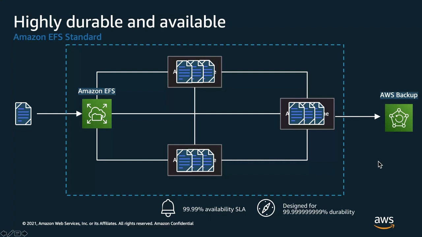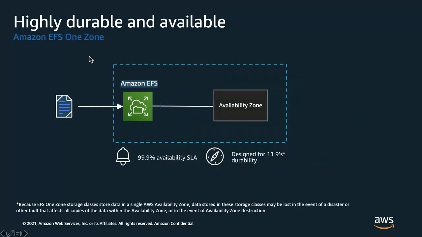Many of our customers have also shared with us that storing Elastic File System in 3 availability zones is overkill for some of their use cases. So for that reason, a few months ago, we also released EFS One Zone, which keeps the data in just 1 availability zone. The beauty of this feature is that you still get 11 nines of durability. So from a data loss standpoint, you still have the peace of mind that this is as durable as storing the data in 3 availability zones.